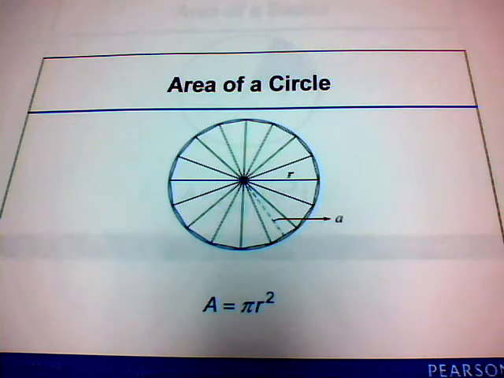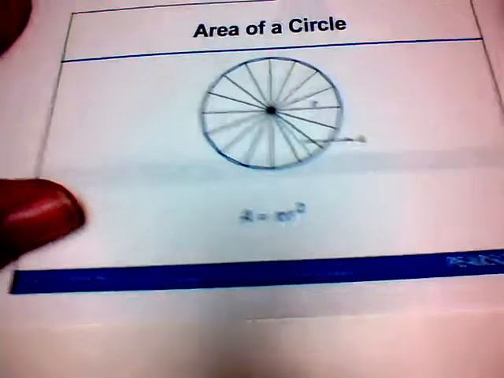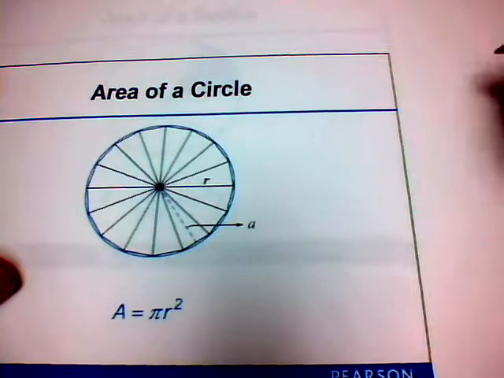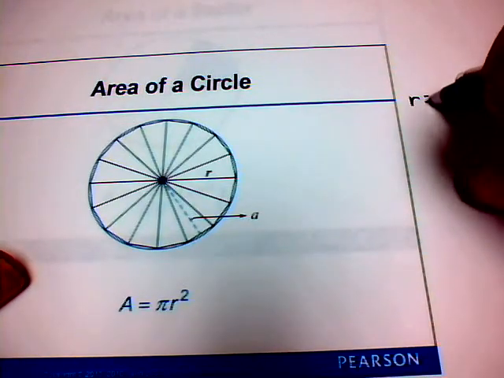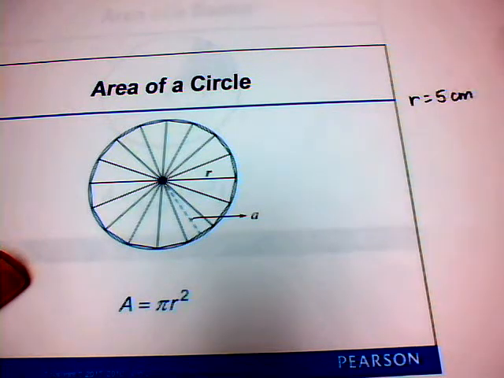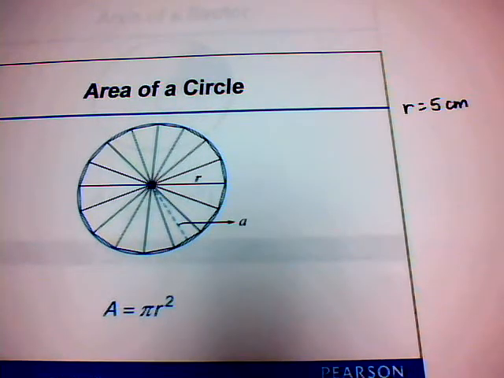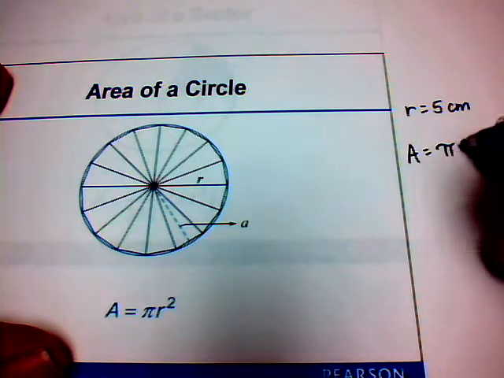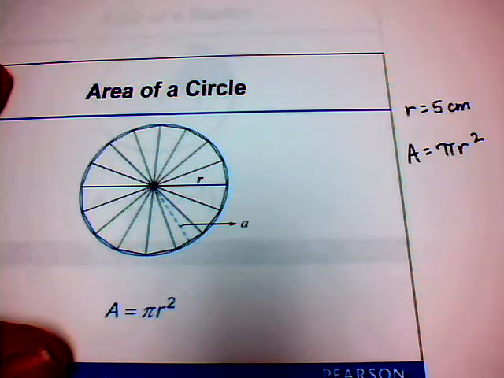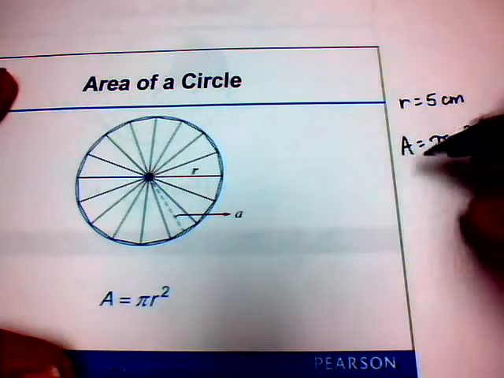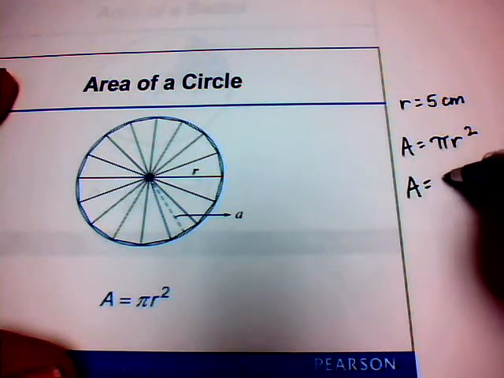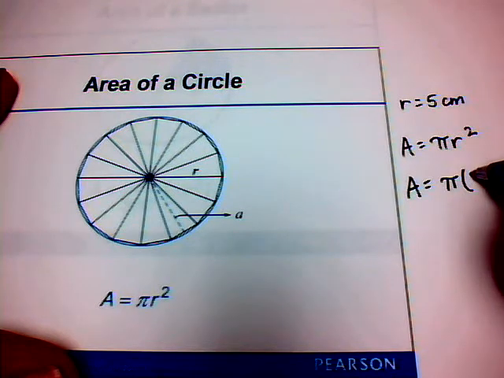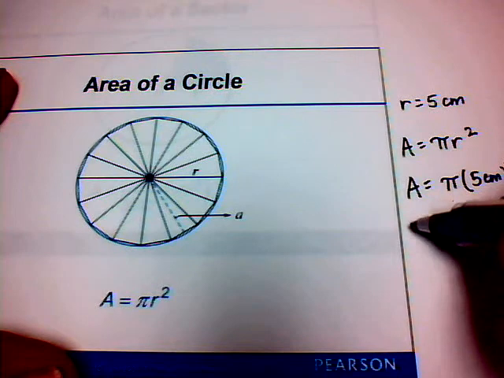So let's say the radius was 5 centimeters, and we want to find the area of that circle, which is, of course, pi times the radius squared. And let's say we want to leave our answer in terms of pi. So the radius is 5 centimeters, and that's going to be squared.